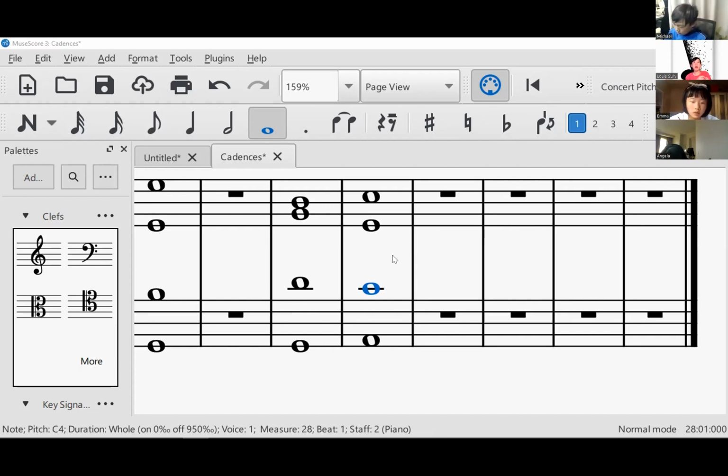By the way, in the exam, if the exam question tells you to write an imperfect cadence, it normally doesn't matter which one you do. You don't get deducted marks for doing an easier one, or given extra marks for doing a harder one. In which case, you might as well go for 1 to 5 because it's the easiest one, and you don't mess up.